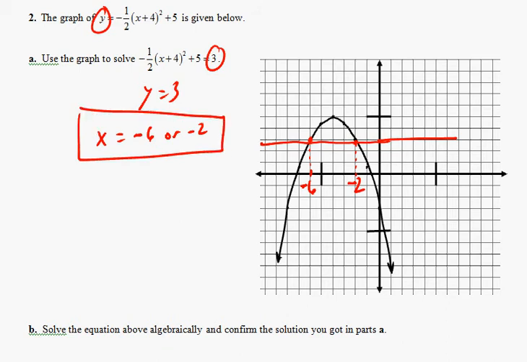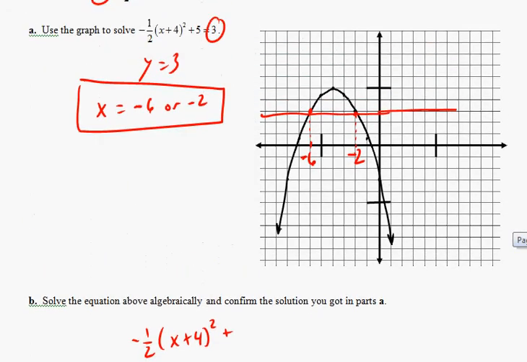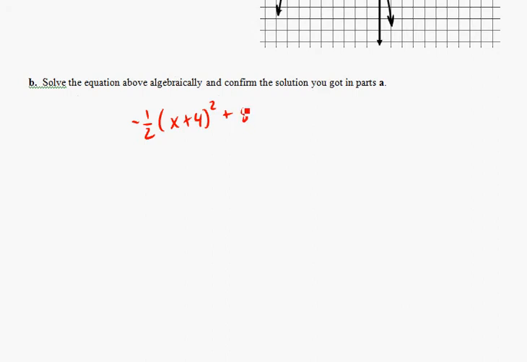For part B, pause the video and see if you can solve this equation algebraically. Now, for this equation, it's not in standard form as the equations were in problem number 1.